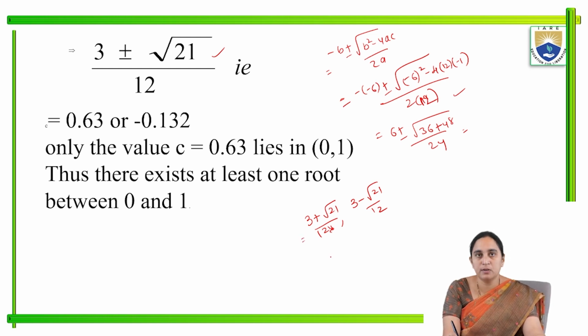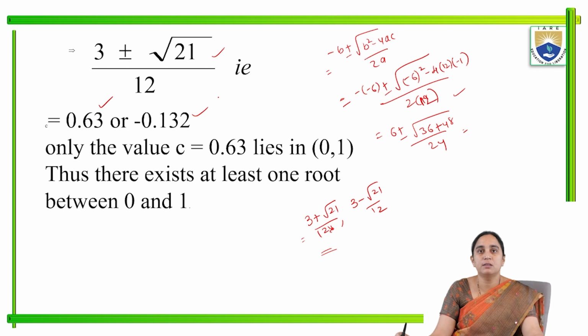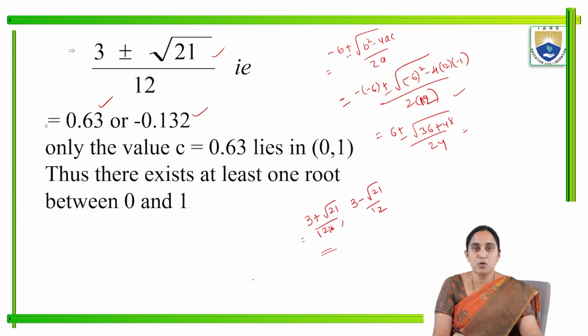By using the calculator, the decimal values are 0.63 and −0.132. Only 0.63 is in between the given interval limit points, that is 0 comma 1. After getting the root values, 0.63 is positive and lies in between 0 comma 1.